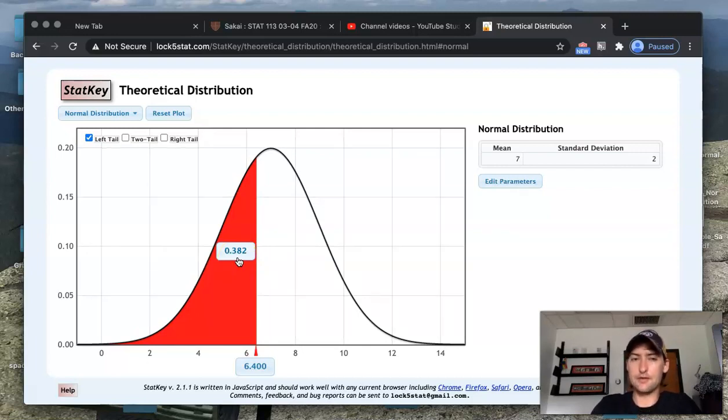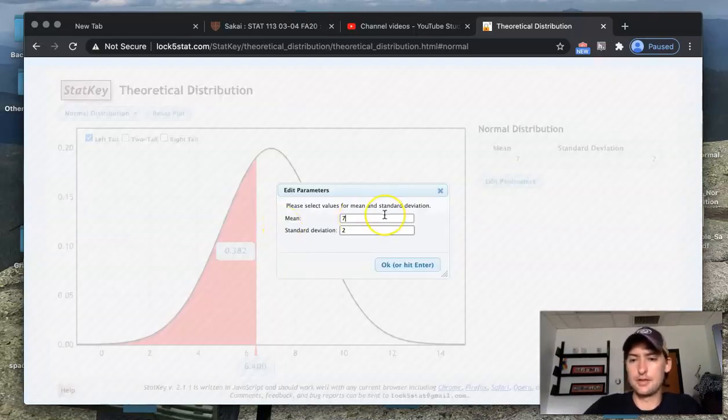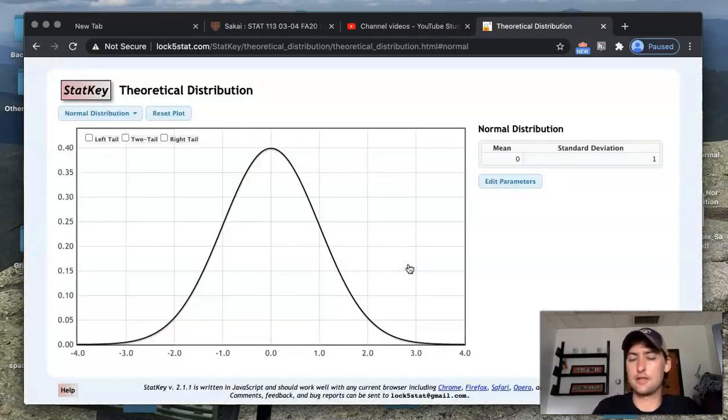Okay, and so where this connects with z-scores, remember that 38.2%, what we could also do is not edit the parameters at all, so change them back so that it has a mean of 0 and a standard deviation of 1. Remember, we were calling this our z-distribution.